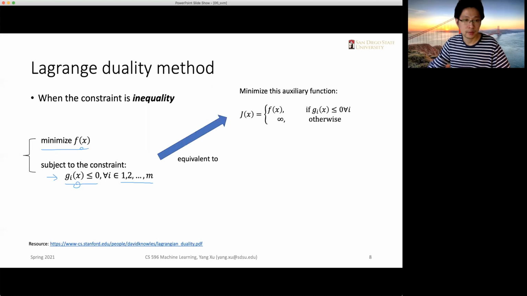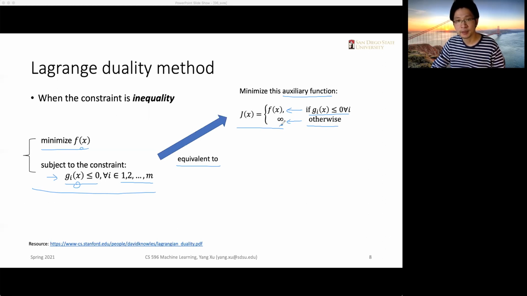In this case, the problem on the left is actually equivalent to maximizing an auxiliary function. We can define the auxiliary function this way: if the conditions are satisfied, the function takes the original form; if the constraints are not satisfied, we let the function be infinity. It's just a transformation of the problem into an auxiliary function.